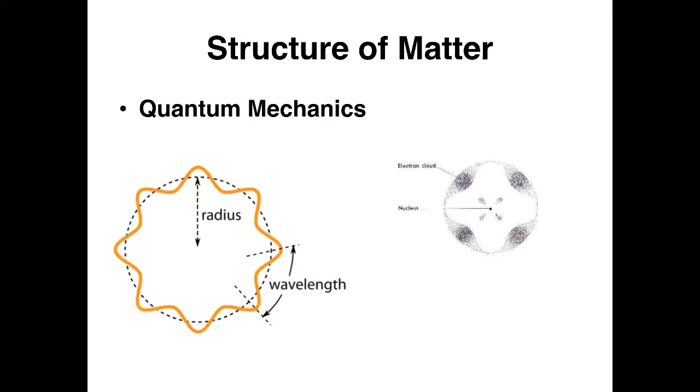And right outside the nucleus is the first level of electrons, and you can see that there are 4 darker areas where the electron might be. Now, this doesn't represent a bunch of electrons hanging out there. This represents an area where the electron might be. And then farther out, you have, again, areas of probability where the electrons might be.